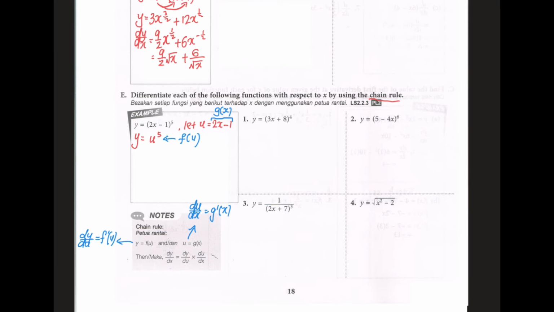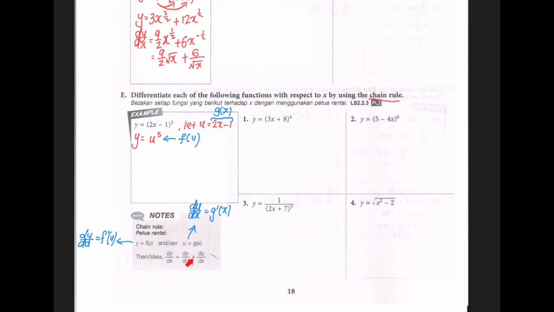So that means you have two equations. The first equation you differentiate. The second equation you differentiate. After differentiating these two, you have two derivatives. Then you multiply them, and you will get dy/dx. Let's see why when you multiply them you get dy/dx.